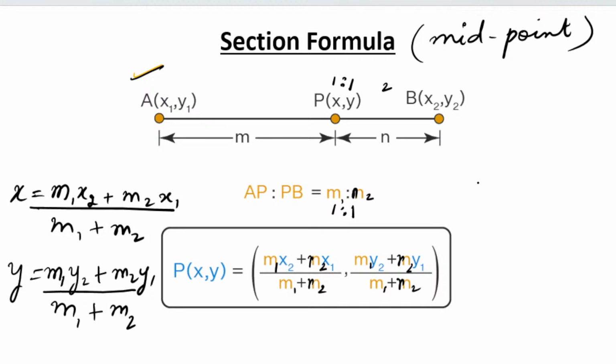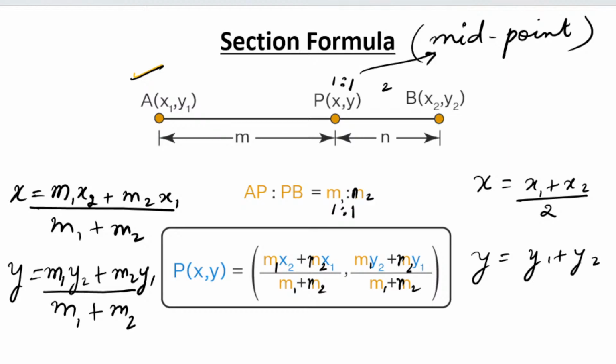So what's the formula? The coordinates of point P, when P is the midpoint of line segment AB, we can find using the formula x1 plus x2 by 2, and the y coordinate is y1 plus y2 divided by 2, when point P is the midpoint of line segment AB.